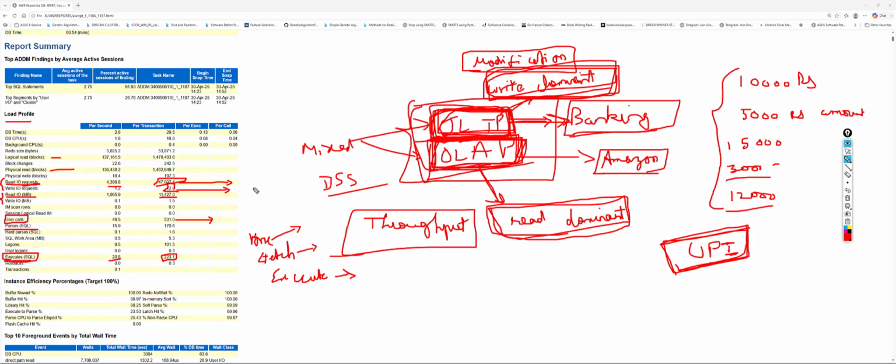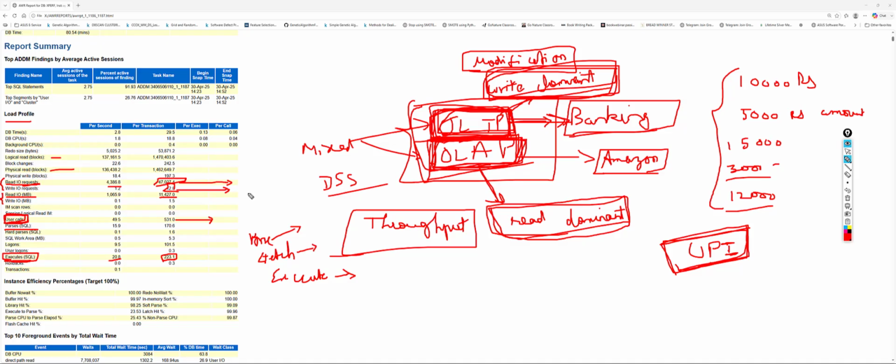We have both reads and writes, but the reads are quite high compared to the writes. You need to keep in mind that user calls will be very high in OLTP systems.